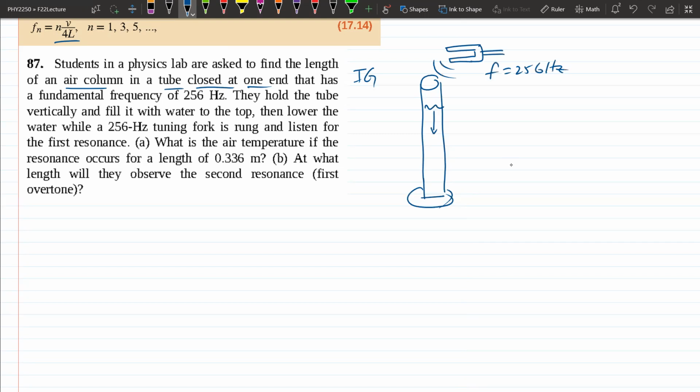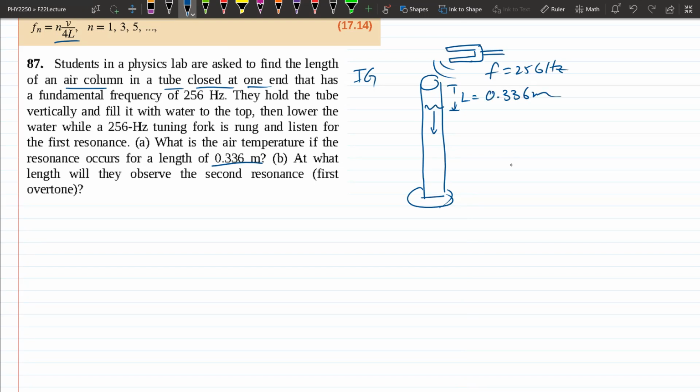The student found that the first resonance, meaning the fundamental frequency, occurs when she dropped the liquid level from the top to be 0.336 meters.